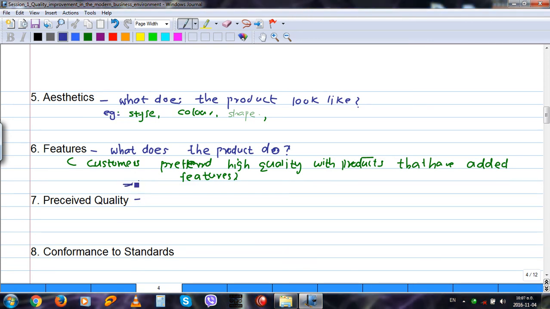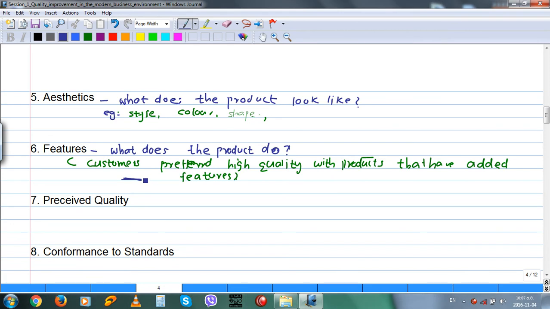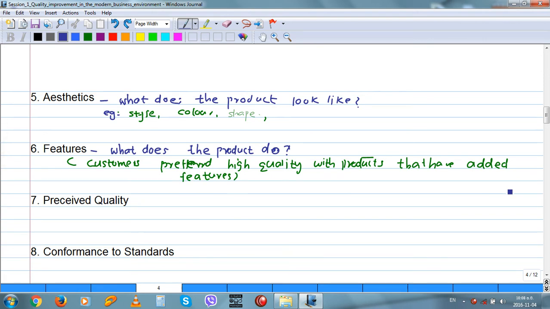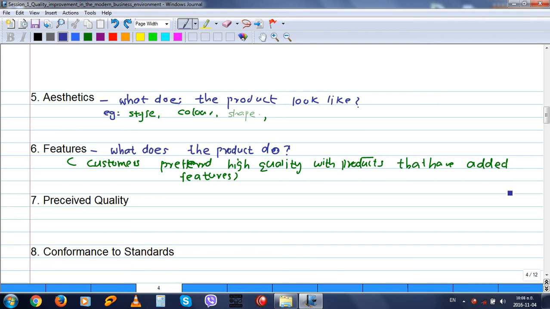The next one is perceived quality. Perceived quality means what is the reputation of the company or its products. As an example, if we think about vehicles, most customers think about Japanese vehicles because they have a reputation.